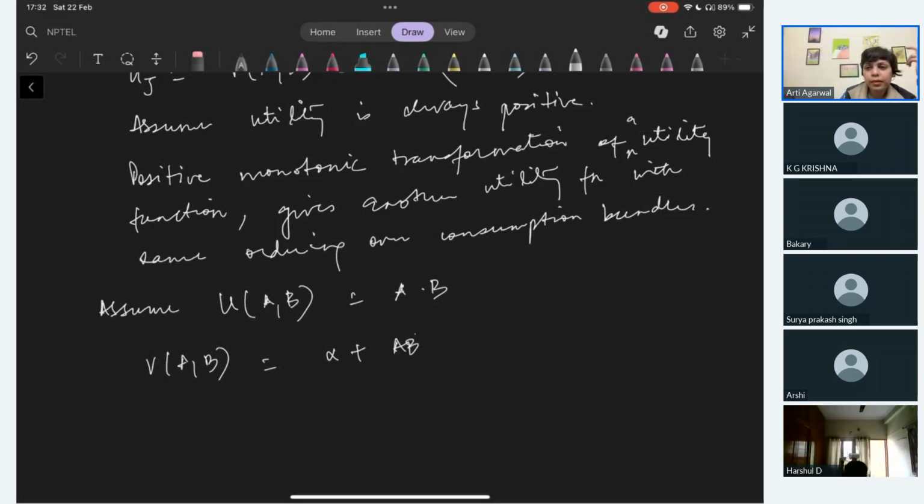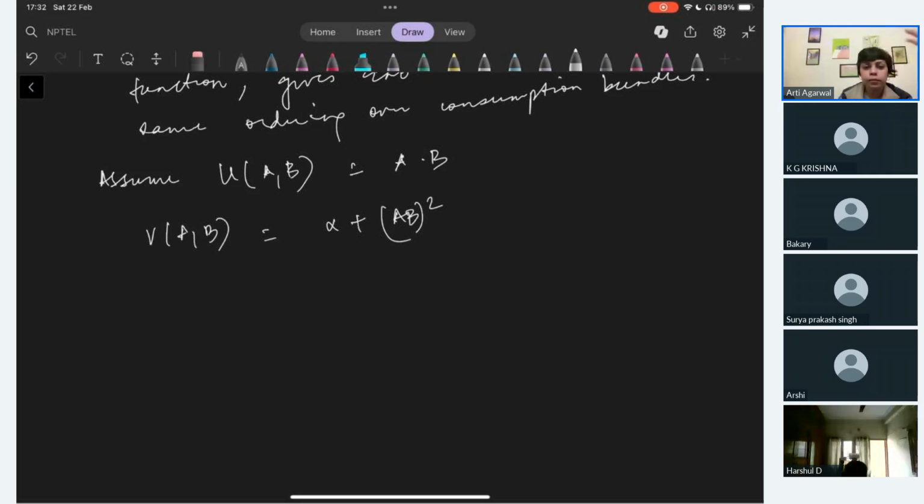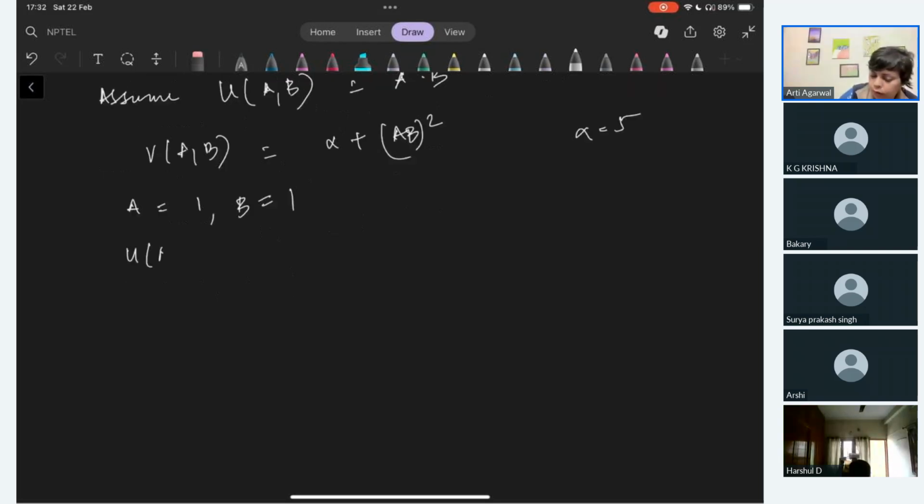So now let's just take some values of a and b and see what we get as the values of utility for John and for Sherlock. So let's say a is equal to 1, b is equal to 1. Let's say alpha is equal to 5. u is equal to 1. v(a, b) is equal to 5 plus 1, which is 6.